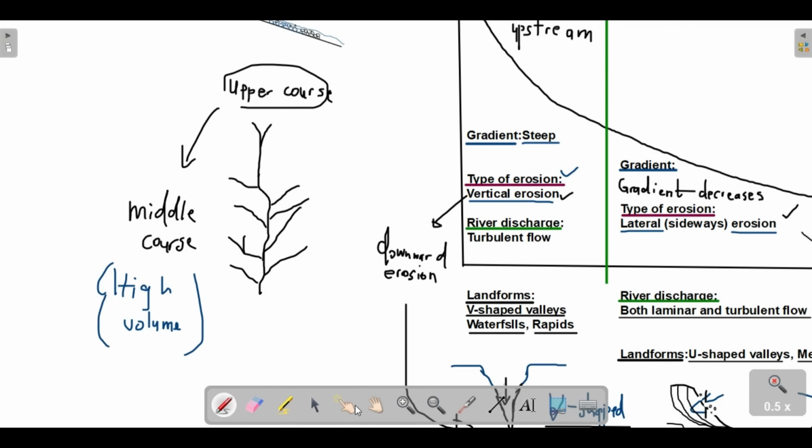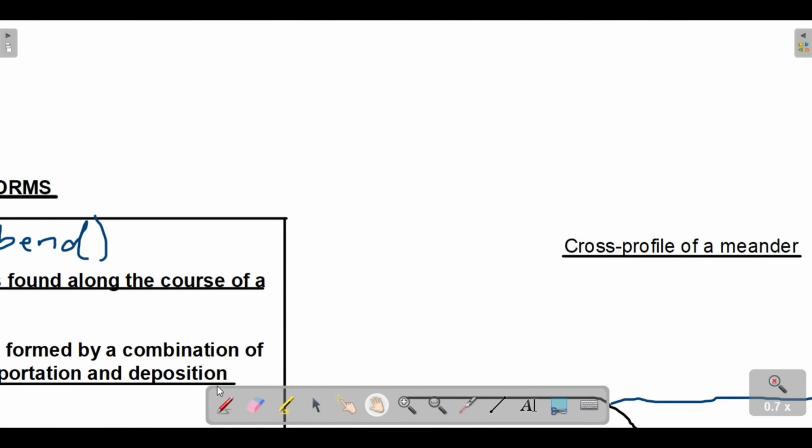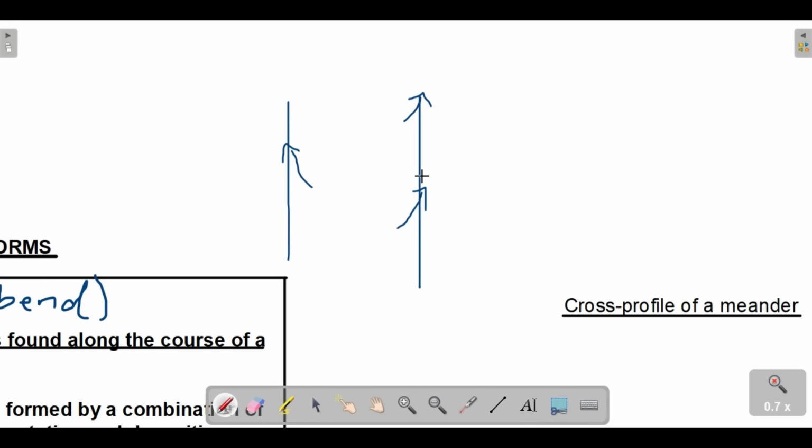And because there's a higher volume of water, the water will erode the sides. So it will put pressure on the sides, it will remove material off the sides.